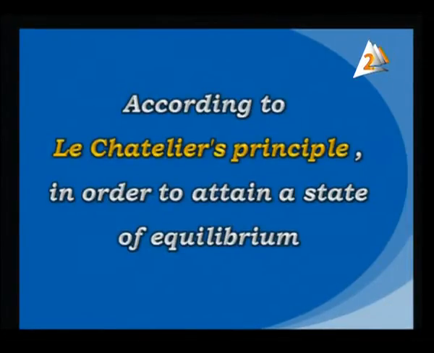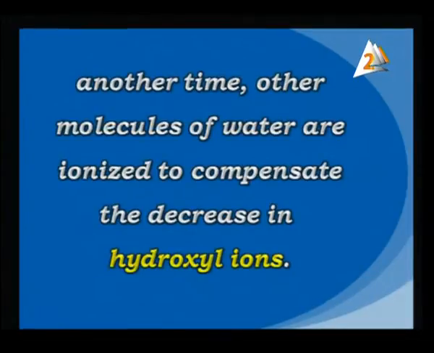Now, according to Le Chatelier, don't forget this principle, the Le Chatelier principle, in order to pay attention to the state of equilibrium. Another molecule of water is ionized to compensate for the decrease in hydroxyl ions.